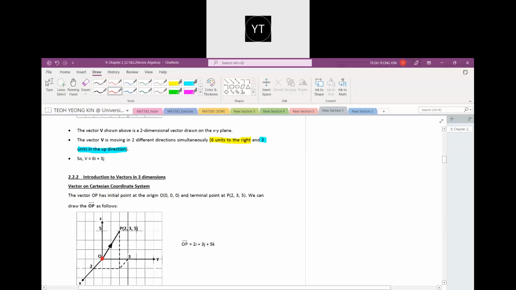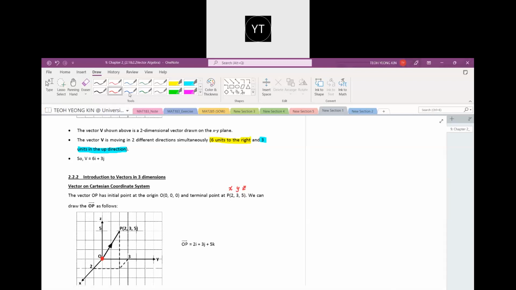And terminal point at the end of the point lah. The coordinate of P is 2, 3, and 5. 2 refers to the x-axis, 3 refers to the y-axis, and 5 refers to the z-axis.